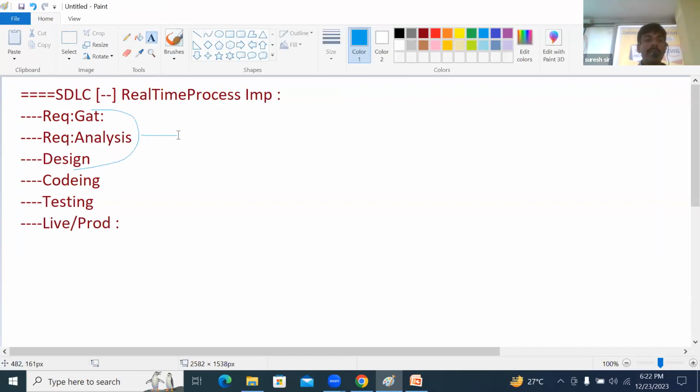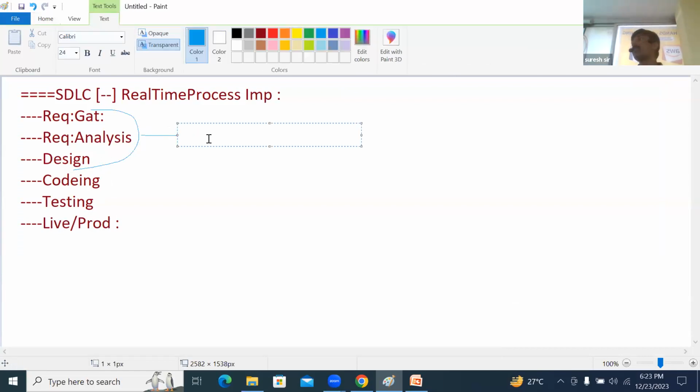Requirements gathering, requirement analysis, and design.